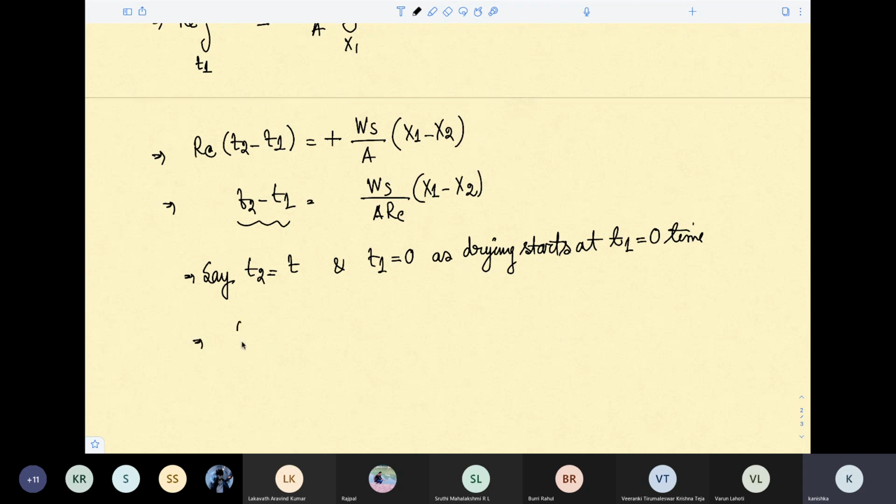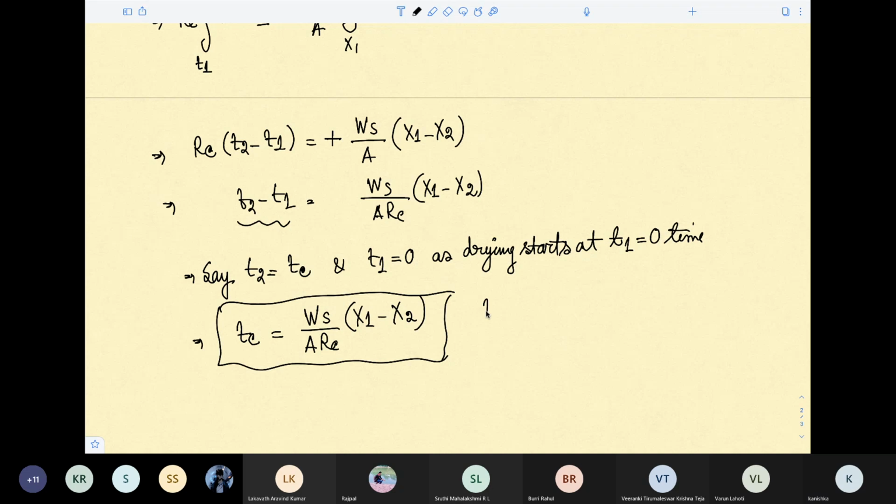So therefore TC, let's say this is TC, equals Ws by A RC (x1 minus x2). So this is the TC equals time required during constant rate drying period.